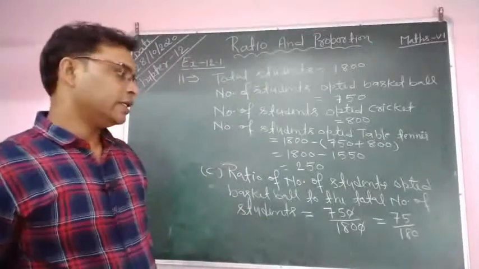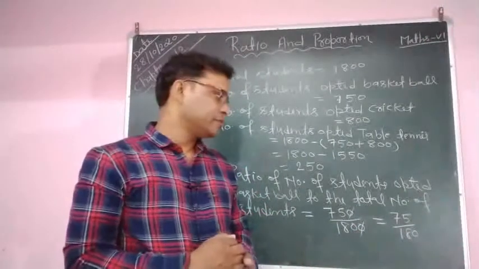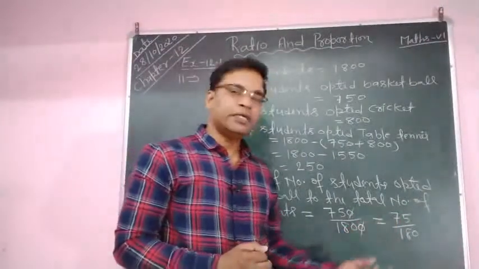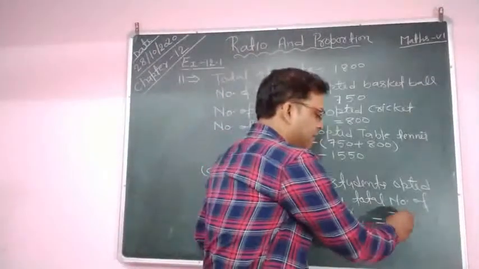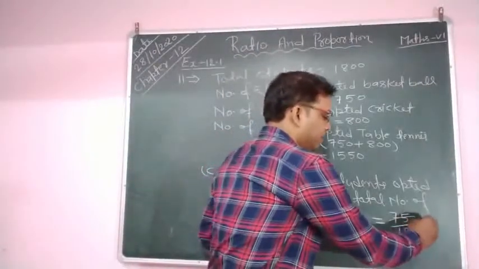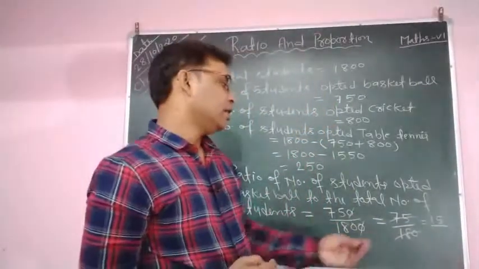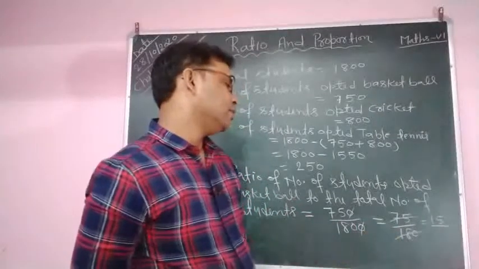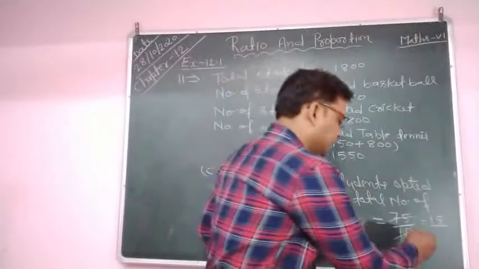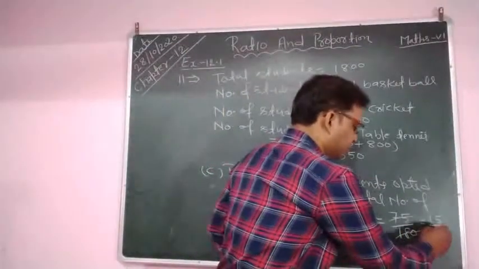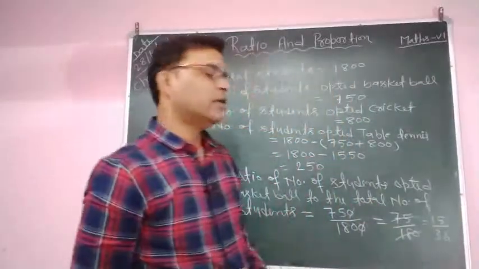75 by 180. Here you can see 3 is common between them. If you divide by 5 first, 75 divided by 5 gives 15, and 180 divided by 5 gives 36.